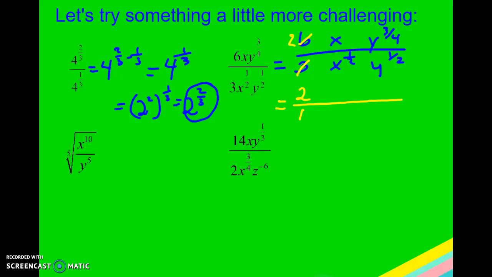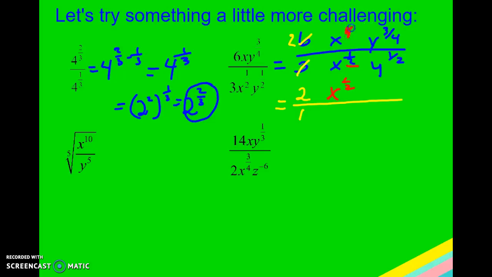When I look at this second little factor here of x, I know this is x to the first power. So I need to subtract these exponents. 1 minus 1/2. Well, 1 minus 1/2 is 1/2. So this is going to become x to the 1/2 power.